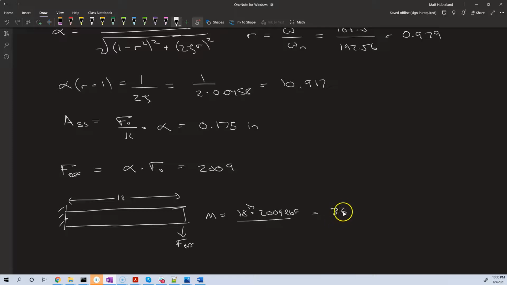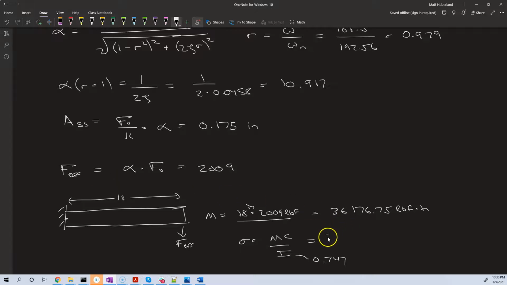That is 36,176.75 pounds force inches. And the stress is My over I, or Mc over I. C in this case is just an inch. And I was 0.747 from the steel manual. So we just need to divide by 0.747.